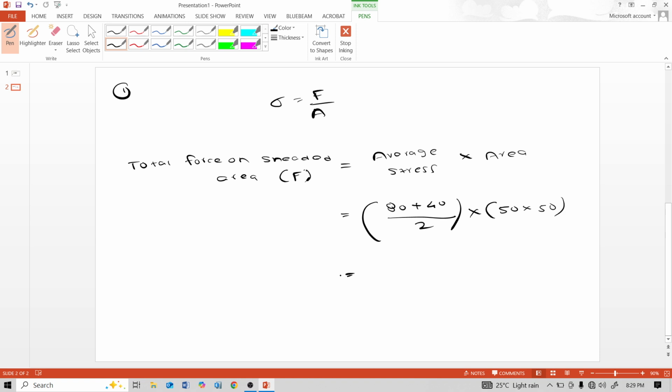Calculate it: 60 multiplied by 50 multiplied by 50 is 150 into 10 raised to 3 Newton. This is your total force.